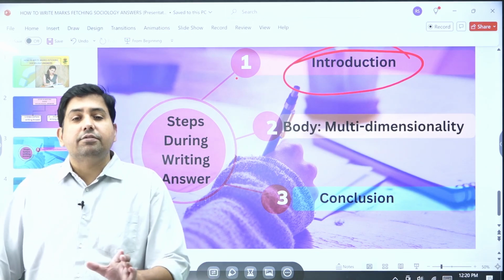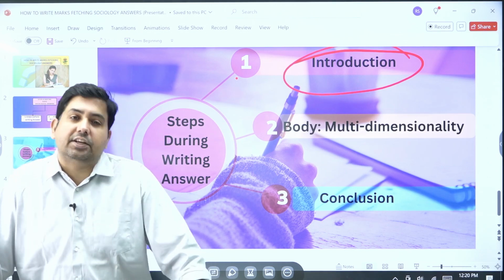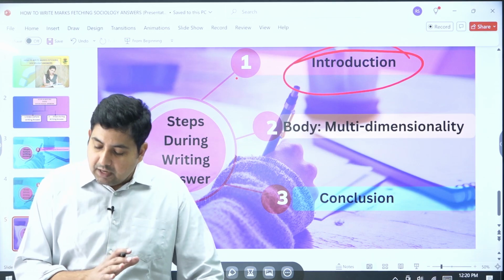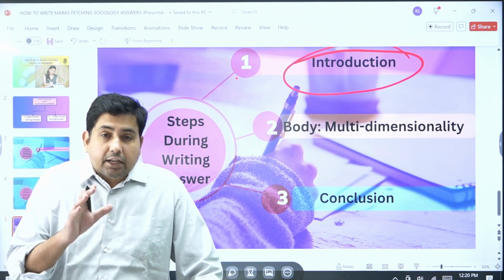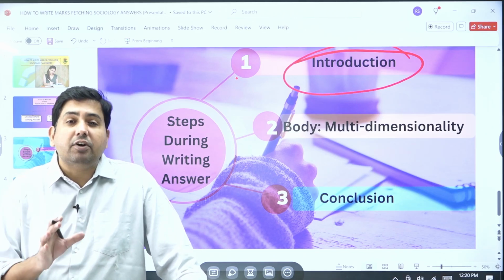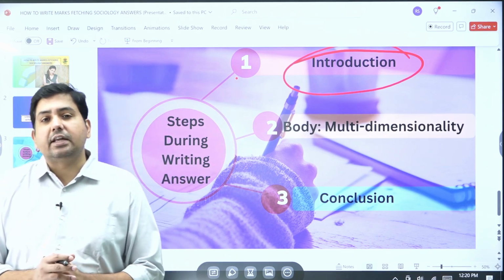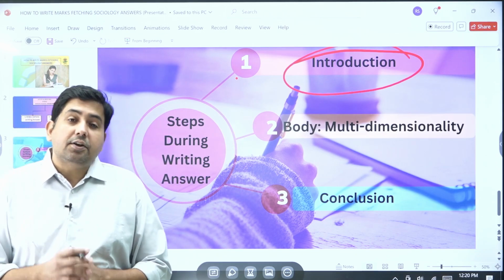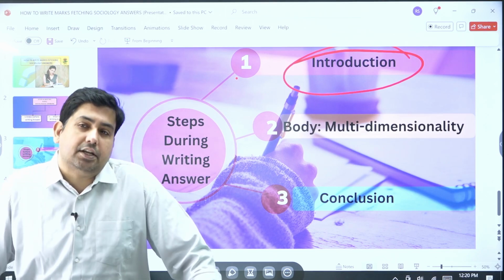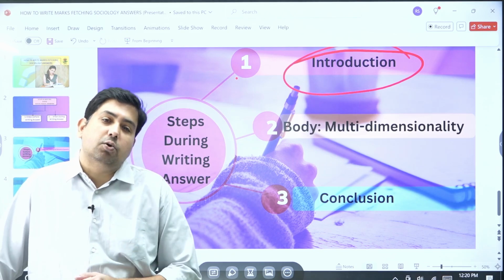Now let me give you an example for the question we saw related to conscience collective. So what you can write in the intro is that Emil Durkheim's concept of collective conscience, or conscience collective, refers to what? The totality, if you might have read it. It refers to the totality of belief and sentiment common to the average member of a society, forming a determinate system that has a life of its own.